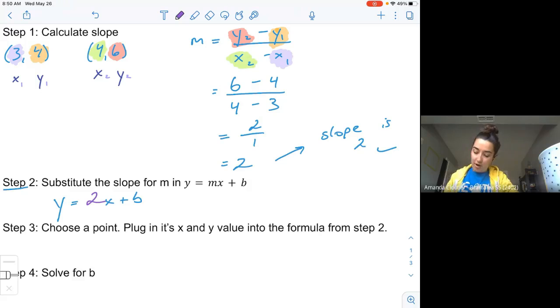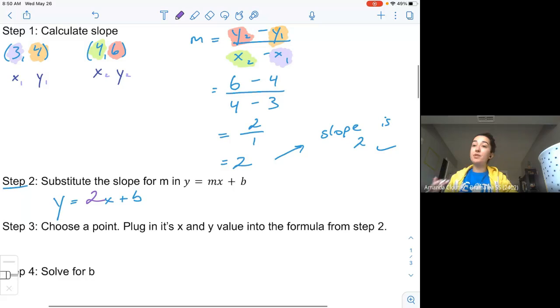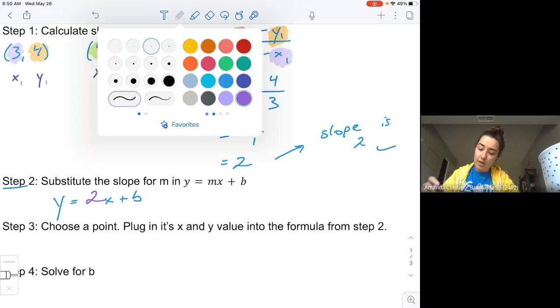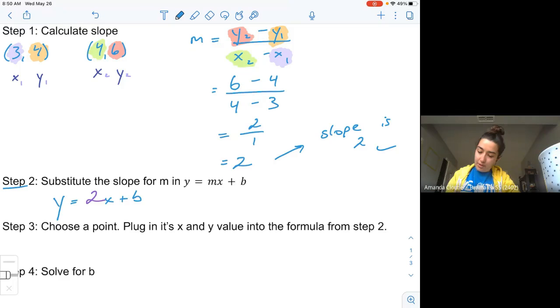So what I need to do now is go through a couple of steps to find my b value. To do so, I'm going to pick a point, and then I'm going to plug in the x and y value into this formula. And I have 2 points that I can choose from. I have 3, 4, and I have 4, 6.